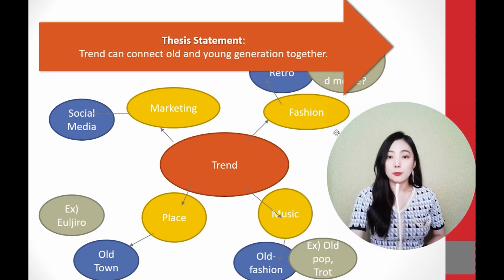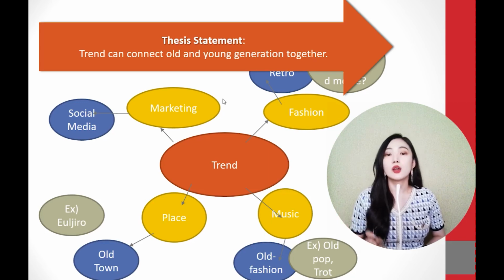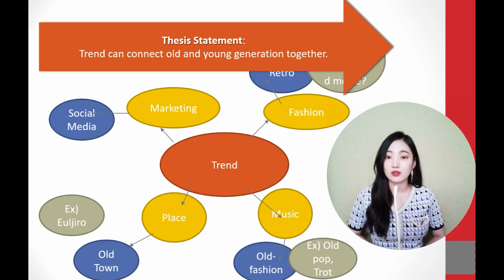Okay. So before you move on to the next step, now you can talk about your topic sentence. My topic sentence, which is my main idea or thesis statement, is that trend can connect old and young generations together.